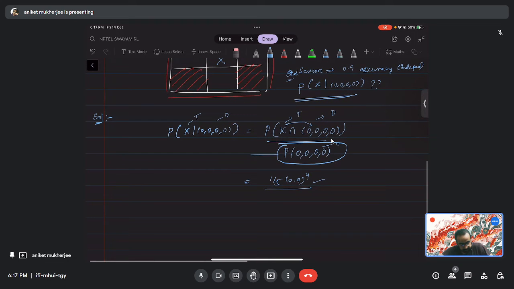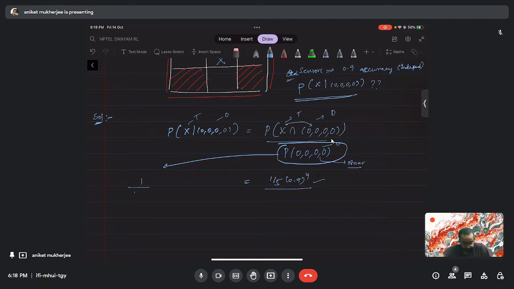Remember, this is just the observation. What is the probability that you observe 0, 0, 0, 0? So the number of states that have the same observation as the 4 zeros divided by the total number of valid states, and the total number of valid states here is 5.